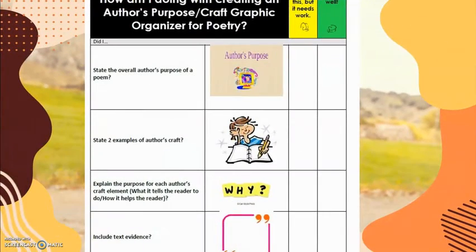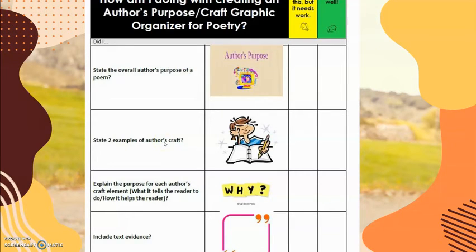You're going to use a chart like I just used for author's purpose and craft to organize your thoughts. So here's a checklist to help you know how you're doing. The first thing you will need to do is state the overall author's purpose of the poem. Then you're going to give 2 examples from the poem of the craft that the author used.